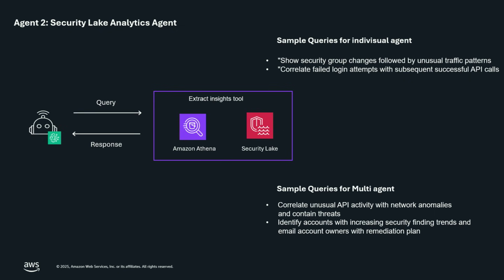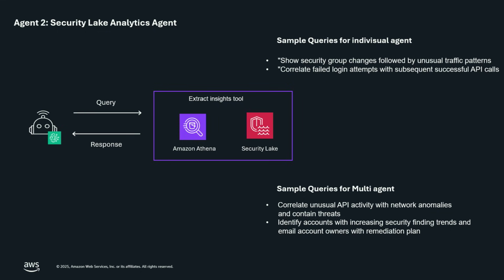Down here are sample queries for multi-agents. Here we're saying correlate unusual API activity with network anomalies, and then contain the threats. Does anyone know what two agents we need to use for this? The first one is, how do you correlate the API activity? What agent would we need for that?